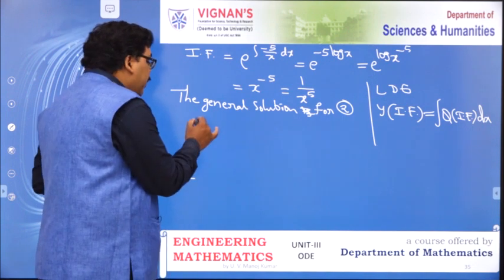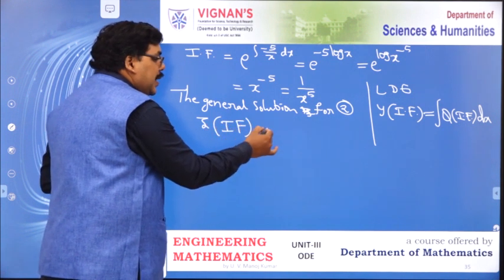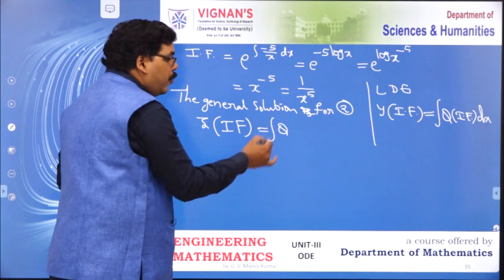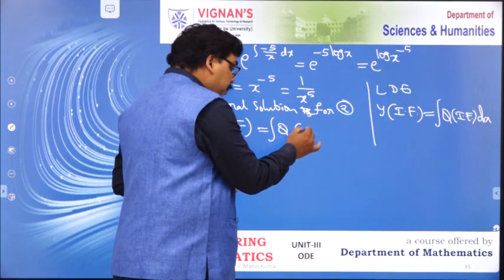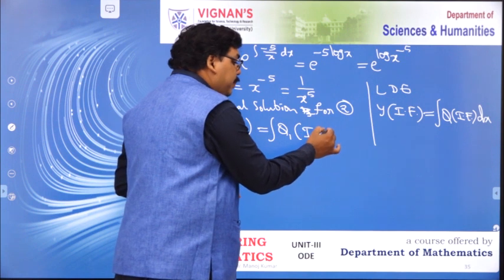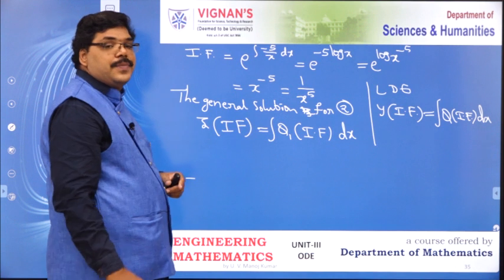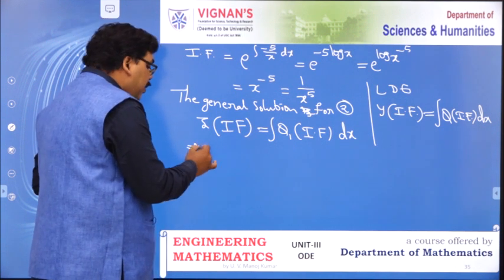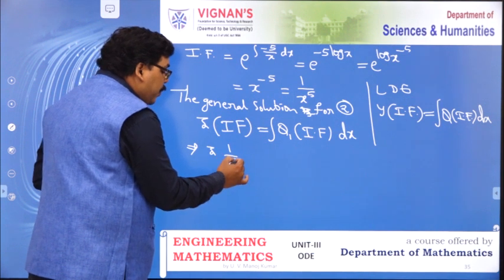So here the general solution will be z into integrating factor equals integral q1, not q, q1 into integrating factor into dx. So z is the dependent variable. You know the integrating factor is 1 by x power 5.